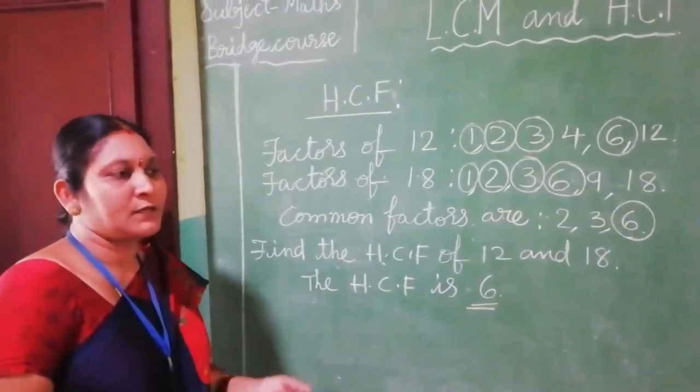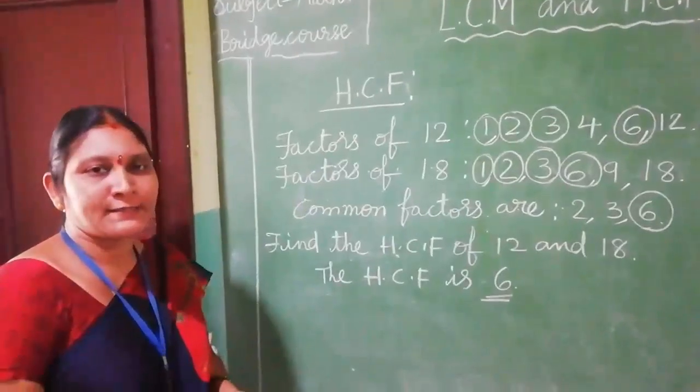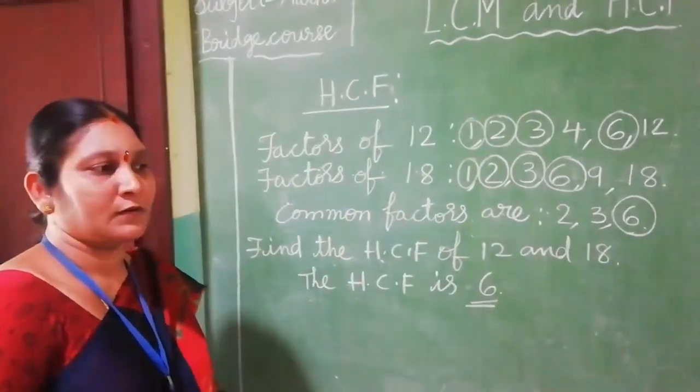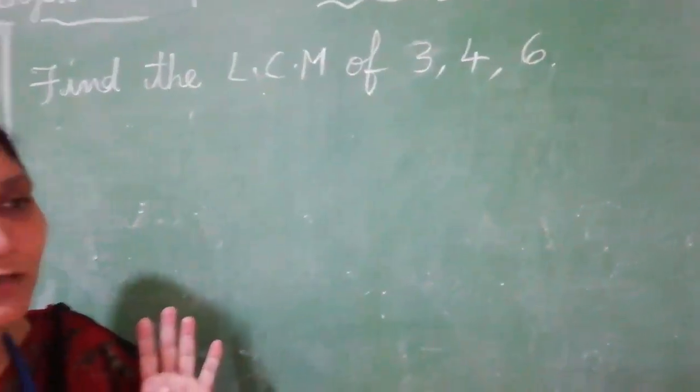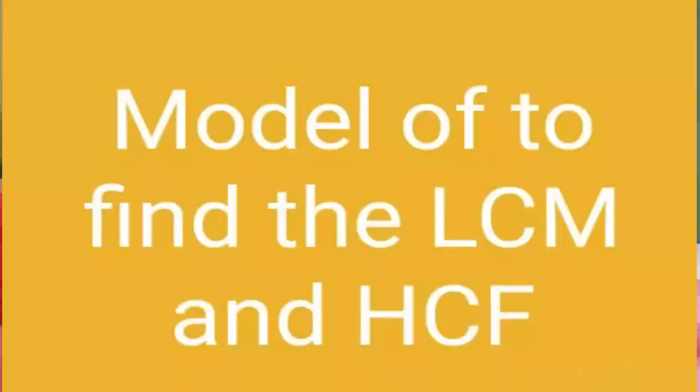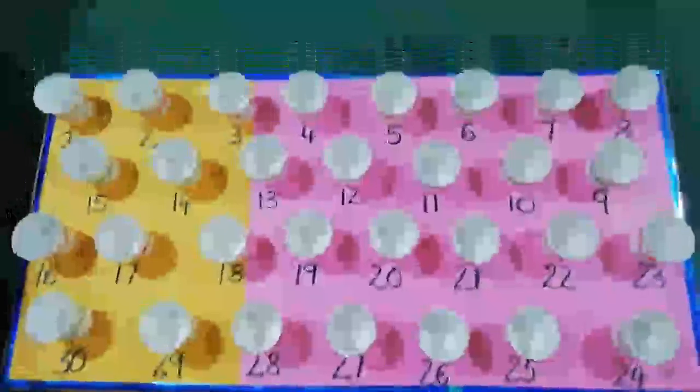Now I show the model of how to find the LCM and how to find the HCF. Next, find the LCM of 3, 4, 6. Here see what numbers are given. 3, 4, 6 numbers are given.